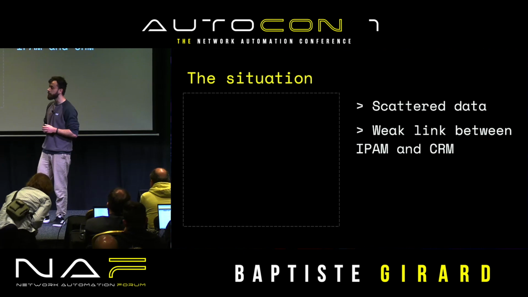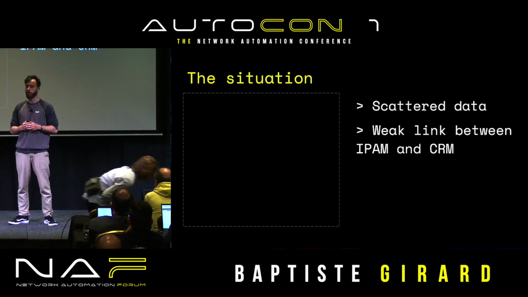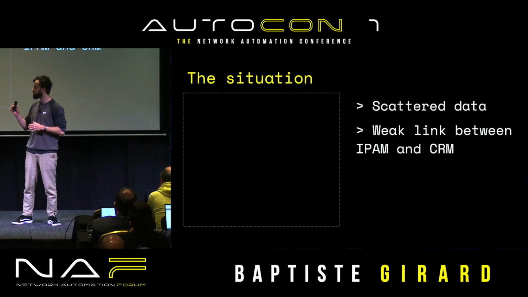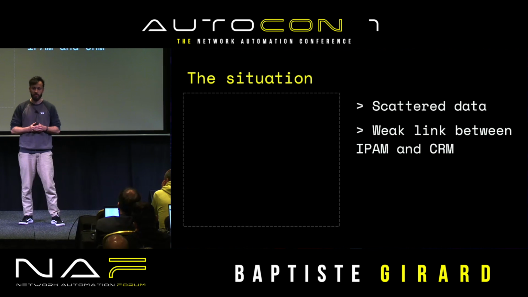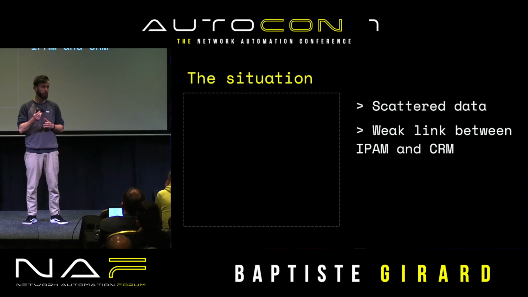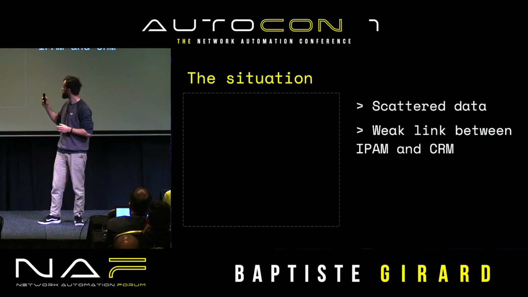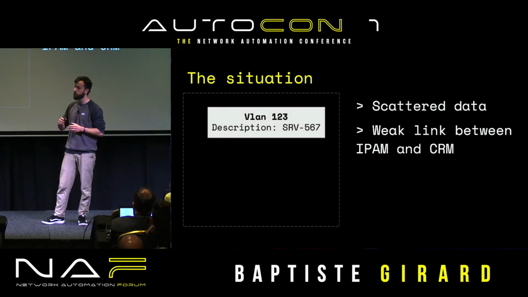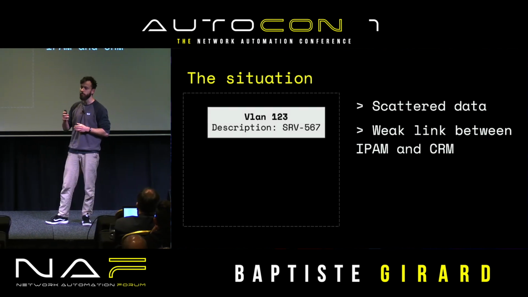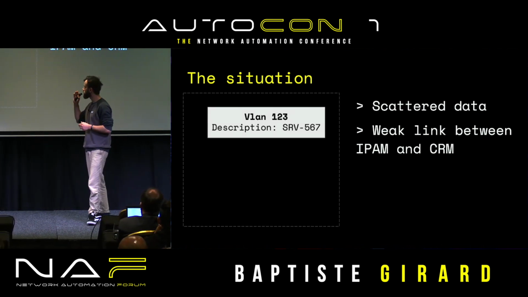All right, so looking back at the situation a couple of years ago, we had scattered data across different places. Quality was rather bad, to say the least. To give you an example, every time we provisioned a new customer service, we allocated a VLAN.